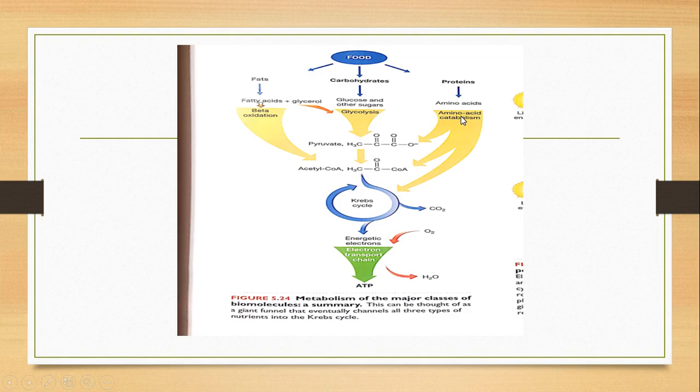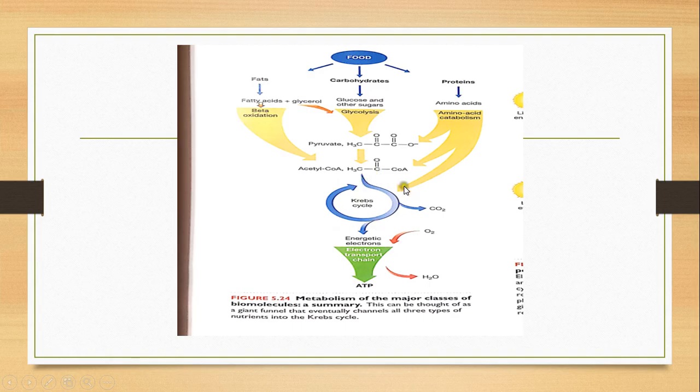These amino acids are also converted into pyruvate or acetyl CoA, or directly incorporated into the Krebs cycle, and beta oxidation also results in the formation of acetyl CoA, as we previously discussed.